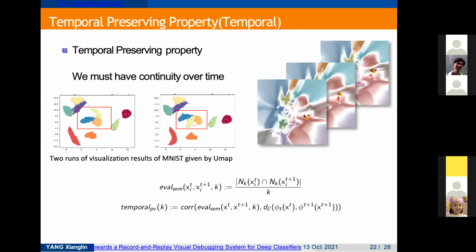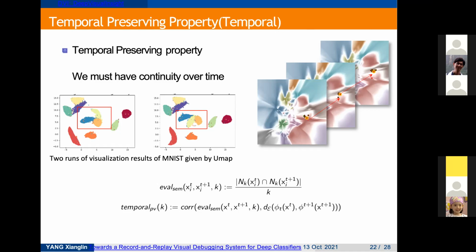The fourth property is called the temporal preserving property. Remember that some existing work all relies on random initialization. Here I show 2 runs of visualization results on the MNIST dataset given by one state-of-the-art baseline, UMAP.